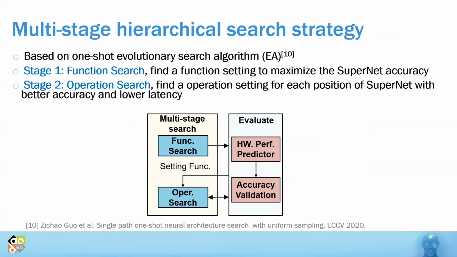Specifically, in the function search phase, to further improve the exploration efficiency, HGNAS divides n positions in the GNN supernet into two halves and shares a set of functions among the upper half and another set among the lower half.